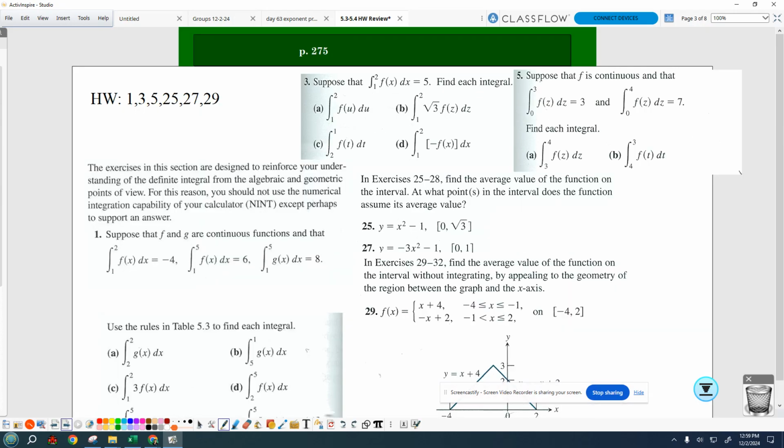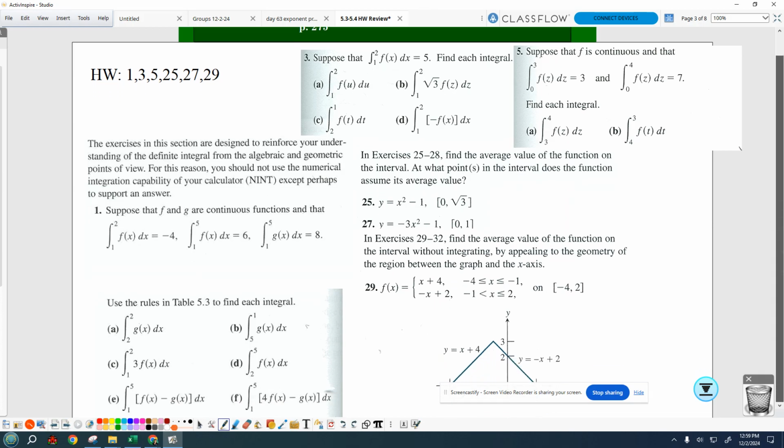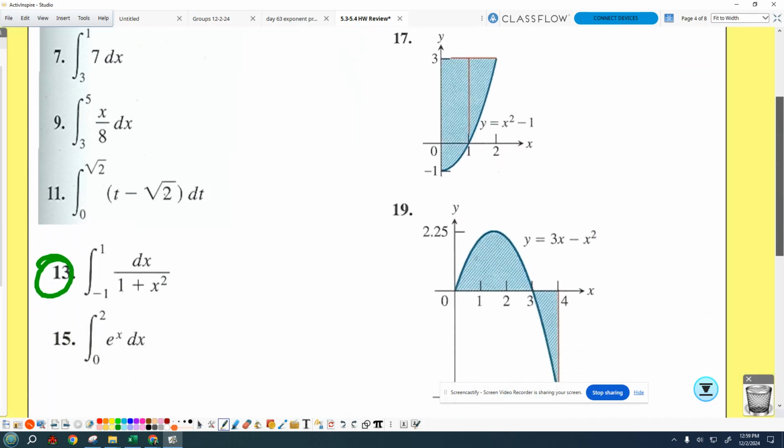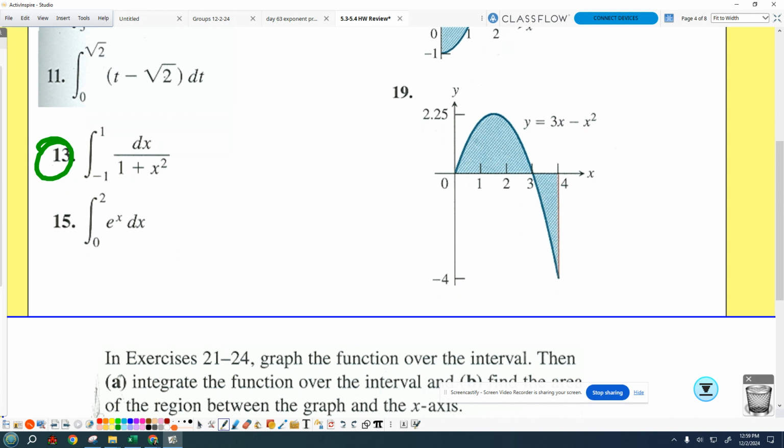Okay, I don't think there were a lot of questions on this page. I'm not even sure I assigned it because it was probably substituted with Delta Math. We did this one, but to talk about it again real quick, whose derivative is 1 over 1 plus x squared?